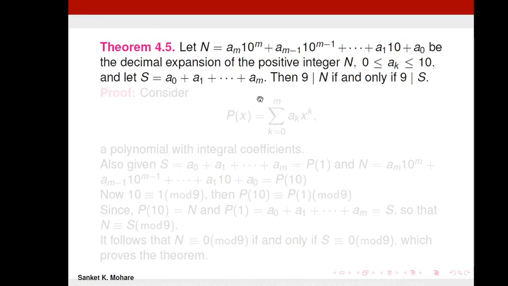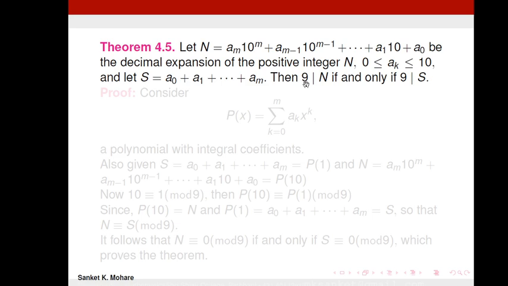Next theorem, theorem 4.5. Let n equal a suffix m 10 to the power m plus a suffix m minus 1 10 to the power m minus 1 plus and so on plus a1 10 plus a0 be the decimal expansion of the positive integer n, where 0 is less than or equal to ak is less than or equal to 10, and let s equal a0 plus a1 plus and so on plus am.